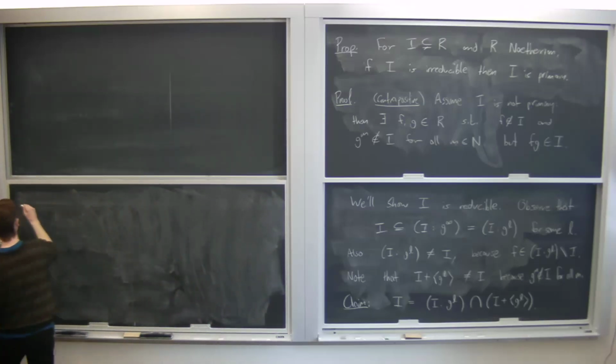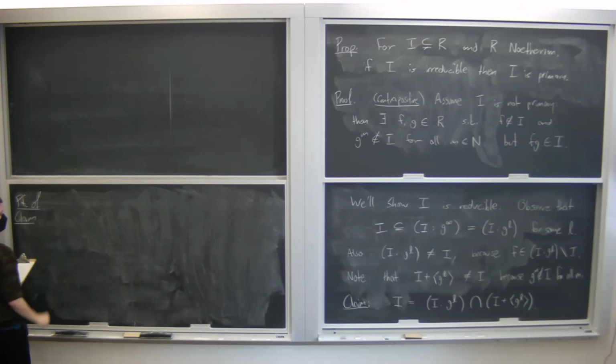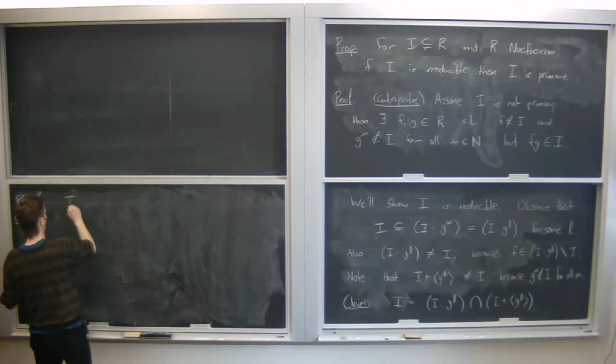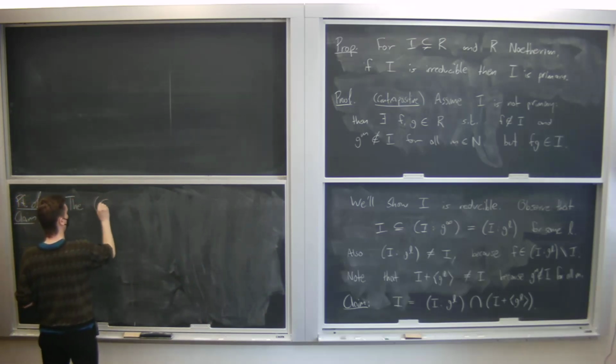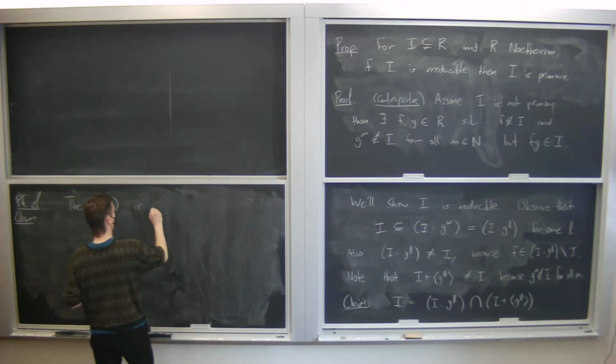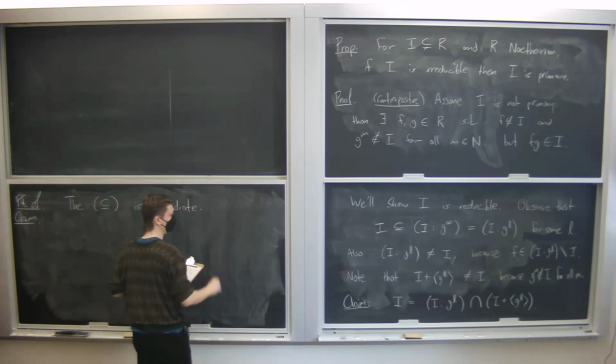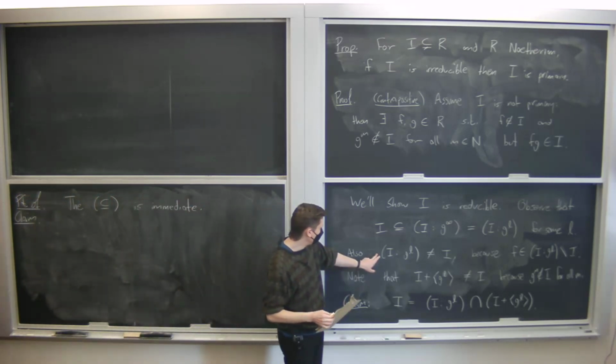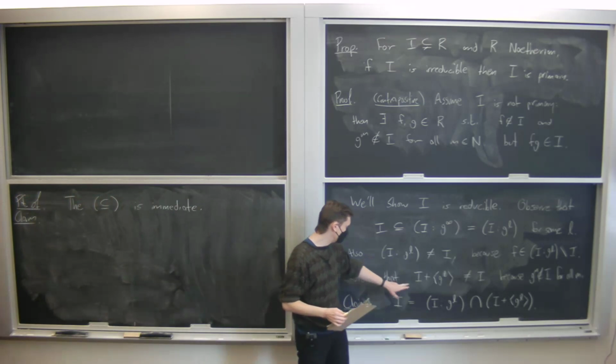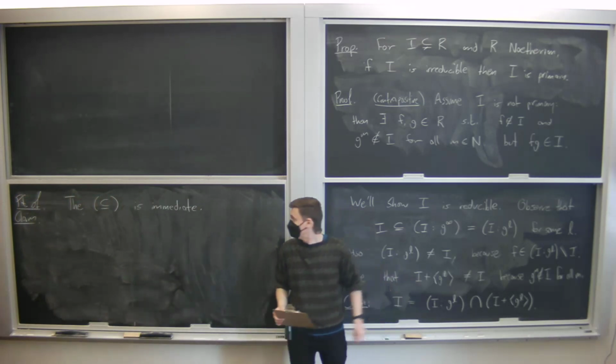Okay, so proof of this claim. The forwards inclusion is immediate. We know that I is contained in its colon and I is contained in this ideal sum.